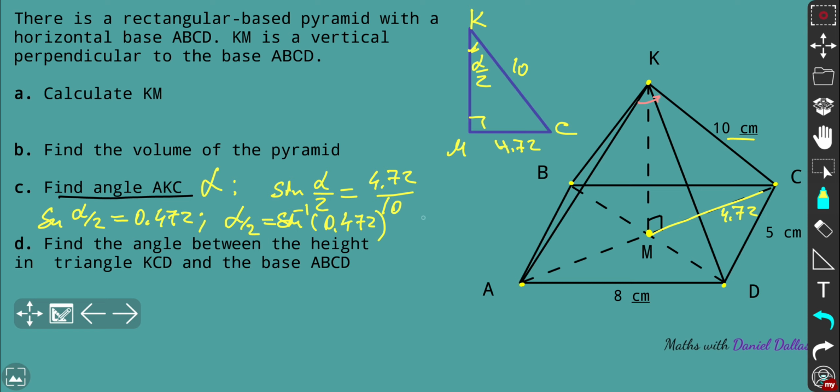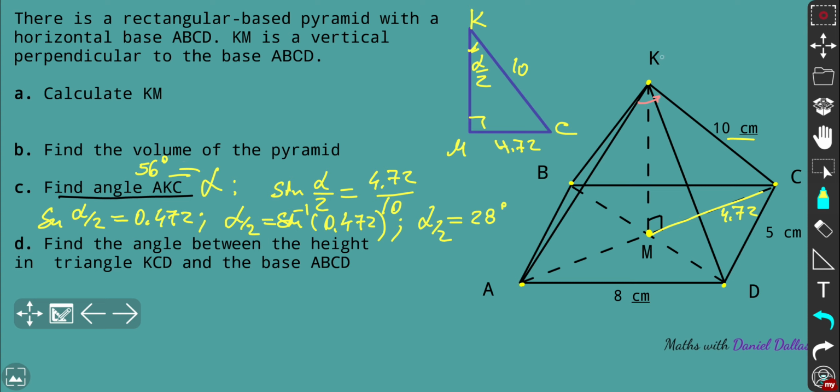And we got alpha over 2 as 28.16 degrees, so just 28 degrees. And if we multiply the result by 2, we'll get alpha itself. So we've got around 56 degrees. So alpha finally is double the angle 28, so it's 56 degrees.